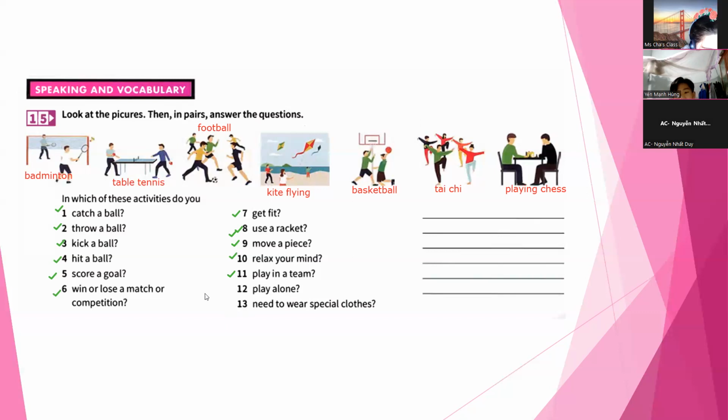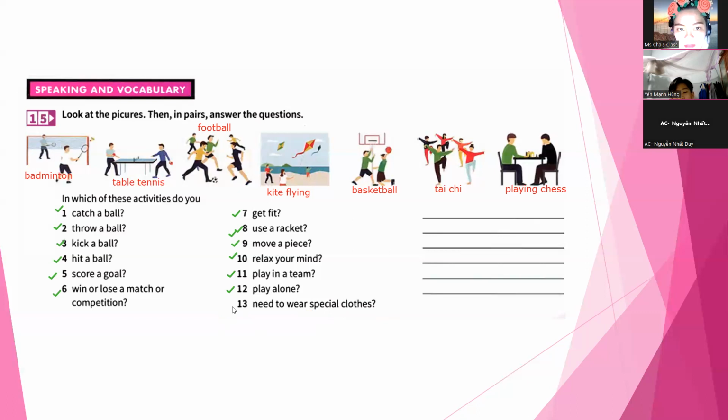All right. So sometimes you could also play alone in this one, right? One versus one: badminton, table tennis. In which of these activities do you need to wear special clothes? Like there's a specific clothing that you need to wear. Badminton, table tennis, football, basketball.